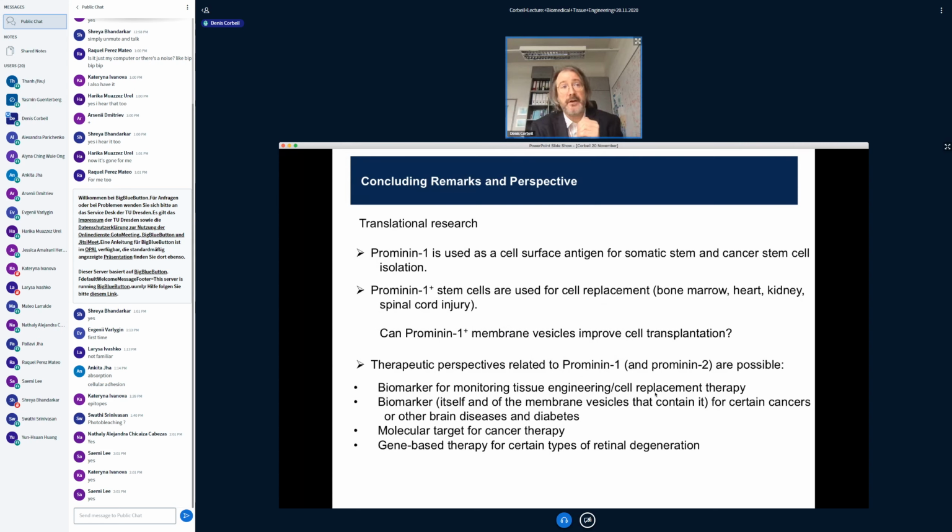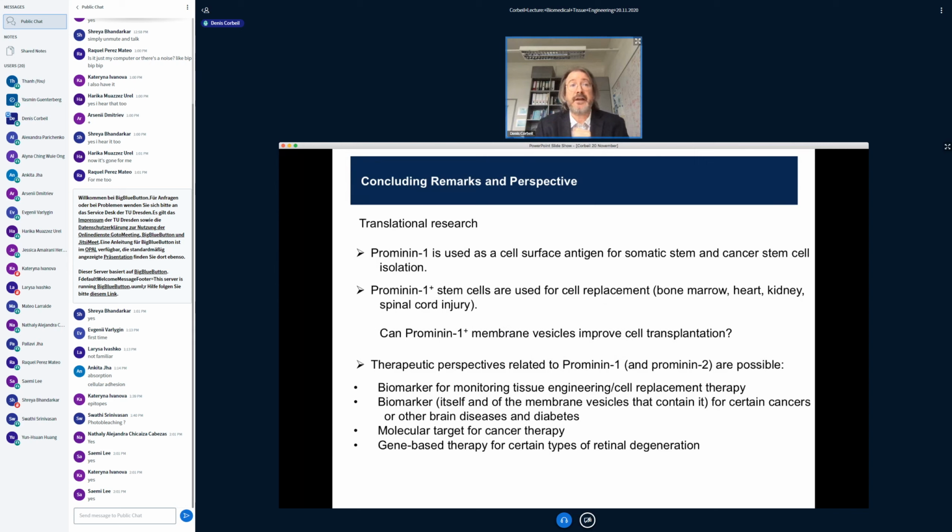So they can be used to monitor the new tissue. Of course, they can also be used to monitor disease, as we have shown with the glioma. You can monitor disease by following prominin-1 or the particles containing prominin-1.